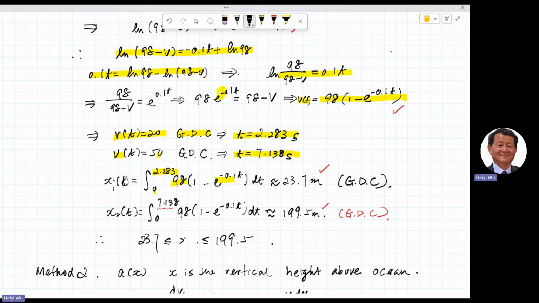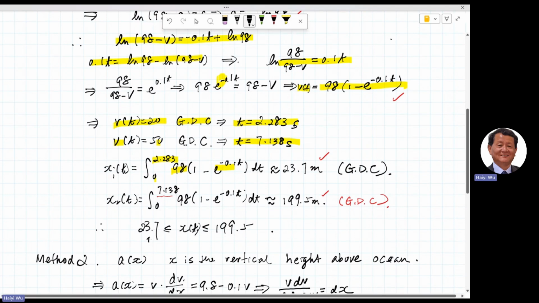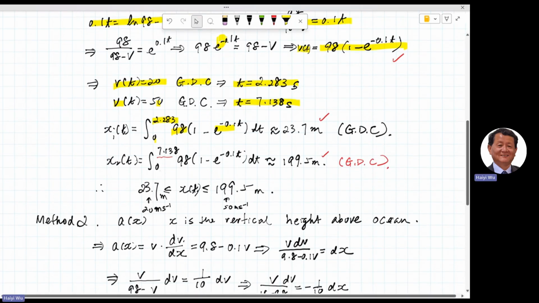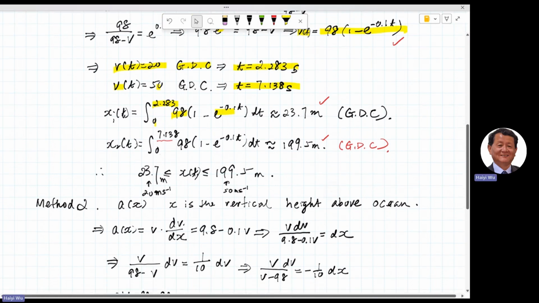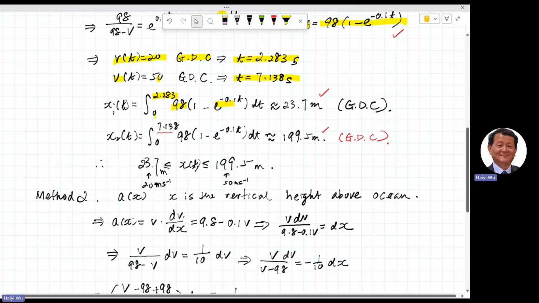So the distance should be between the launch height and the water. If you want a speed of 20 meters per second, you need that distance, and for a speed of 50 respectively, so you get two different ranges. This is the range of heights from which you need to launch the drone. So this is method number one.